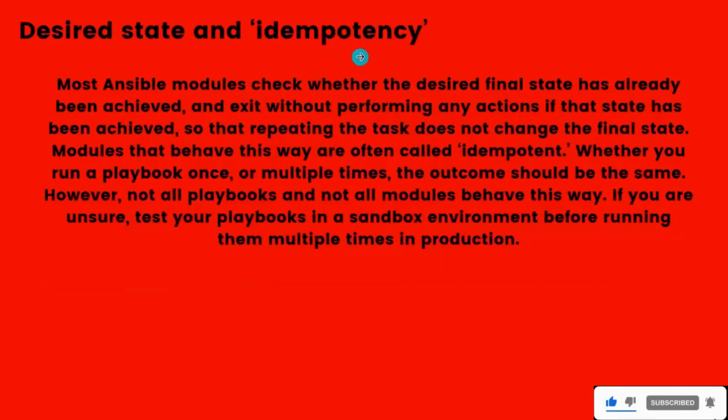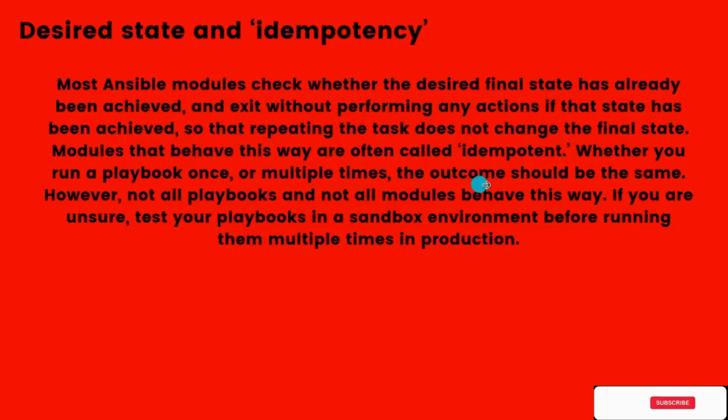Now, desired state and idempotency. This is a very important topic, guys, and you must understand it because it is also asked in interview questions. What is idempotency? Most Ansible modules check whether the desired final state has already been achieved. If it's already achieved, they exit safely.